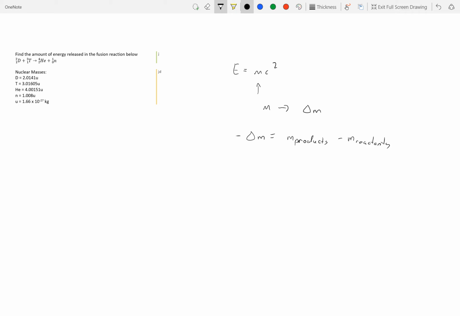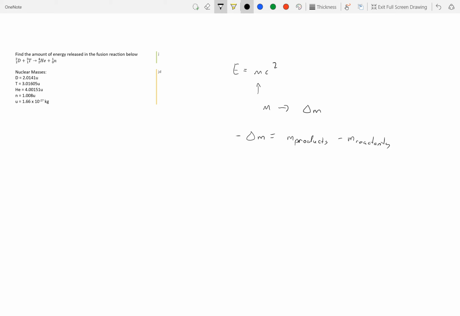One of the common nuclear reactions that would happen in the sun, or one of the nuclear reactions that we would be exploring to try and use nuclear fusion, is the fusion reaction between deuterium and tritium. Specifically, a deuteron and a triton, not deuterium and tritium, that's those things in water. Anyways, a deuteron and a triton.